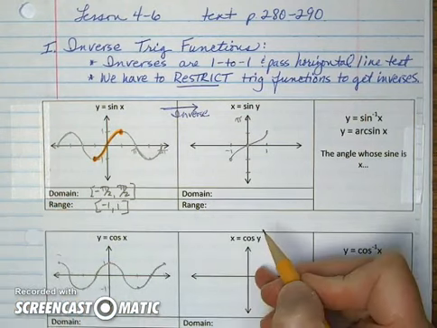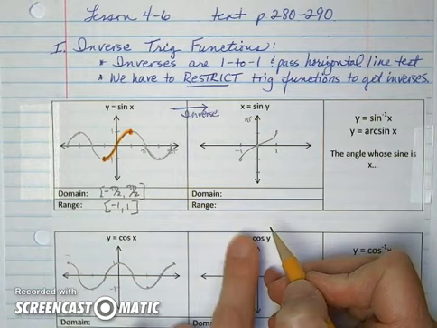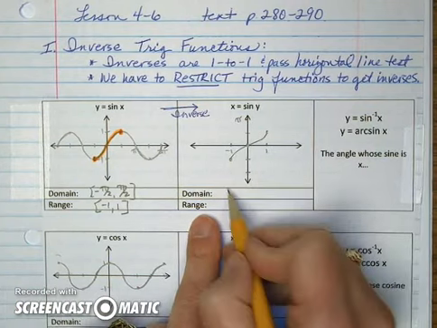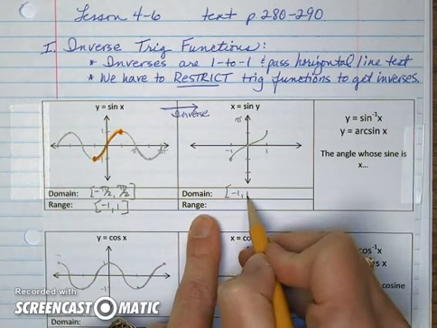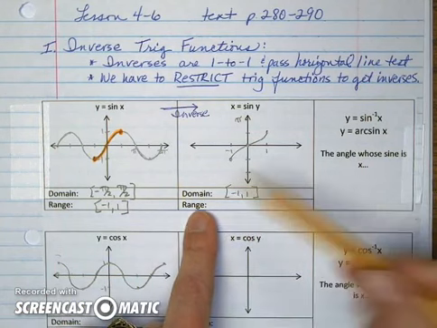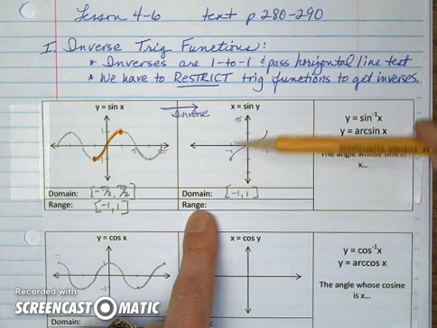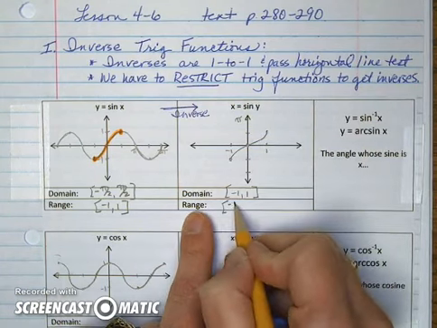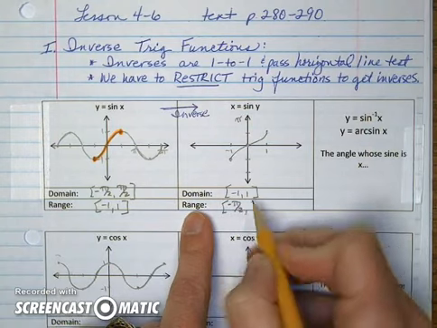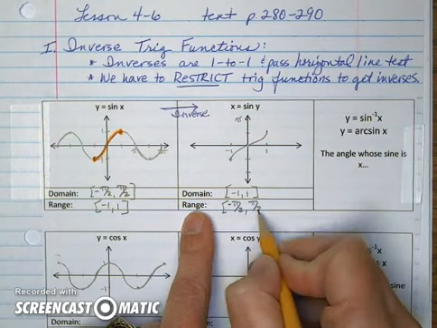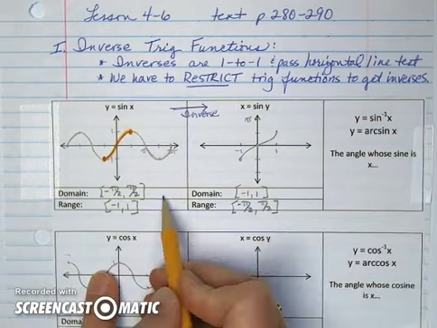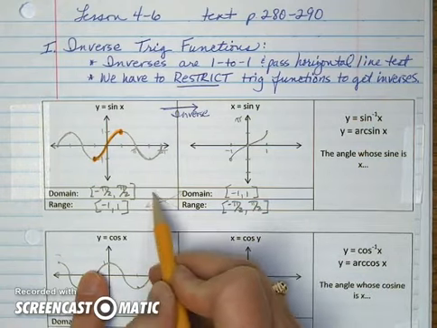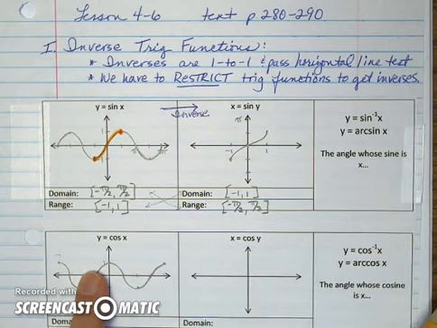But look at what happens when we inverted those. The domain now is from negative 1 to 1. And my range is from negative pi over 2 to positive pi over 2. Remember when we did inverses before, the x and the y changed, and the domain and the range swapped too. So you can see those are swapping if we did it correctly, and we have the inverse.